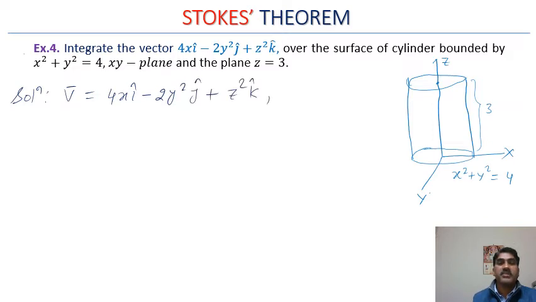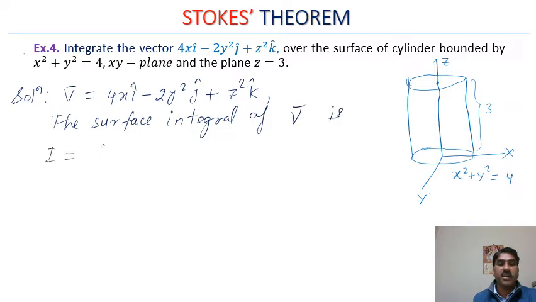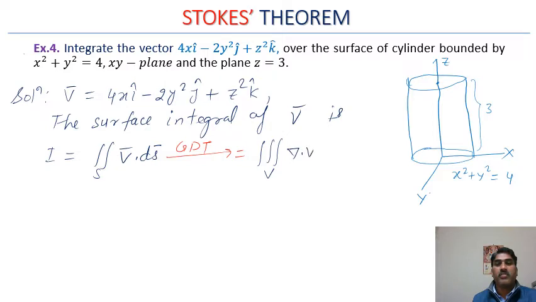So first, the surface integral of v, I am writing it as I, is the surface double integral over the surface of the cylinder, v dot ds, and Gauss divergence theorem enables us to write this integral in the form of volume integral del dot v dv. So let us find del dot v.